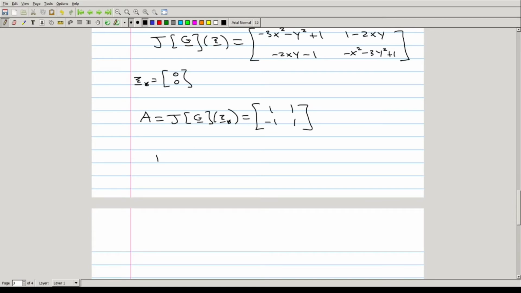And so the trace is 2, and the determinant is also 2: 1 times 1 minus negative 1 times 1.